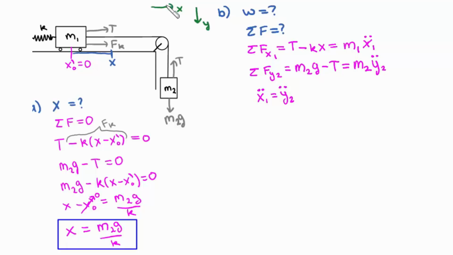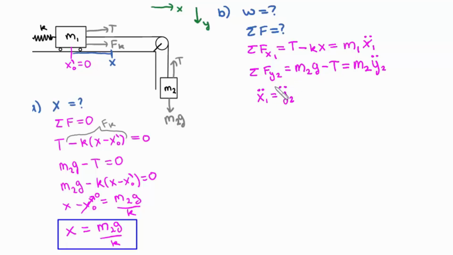Notice that if my green arrows over here, representing the positive x and y directions, were pointing in different directions, then we might have negative signs over here, so the relationship between x1 double dot and y2 double dot might involve negative signs.